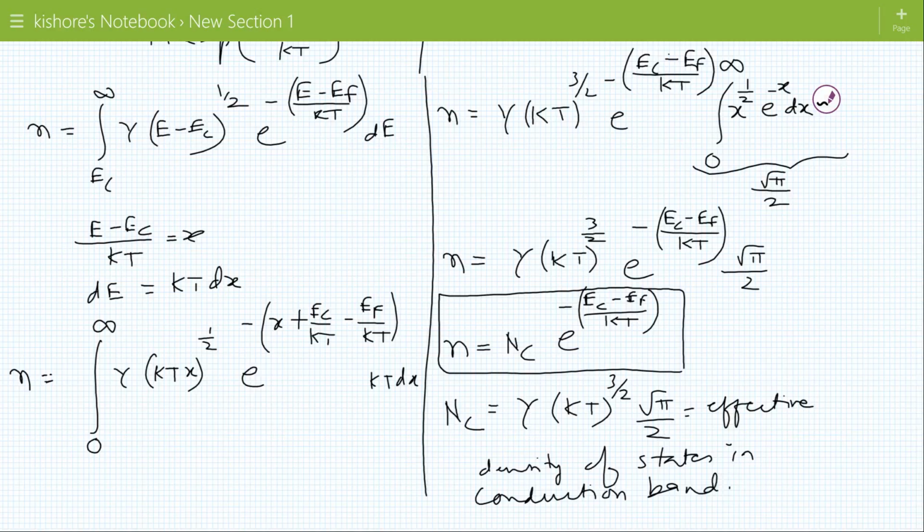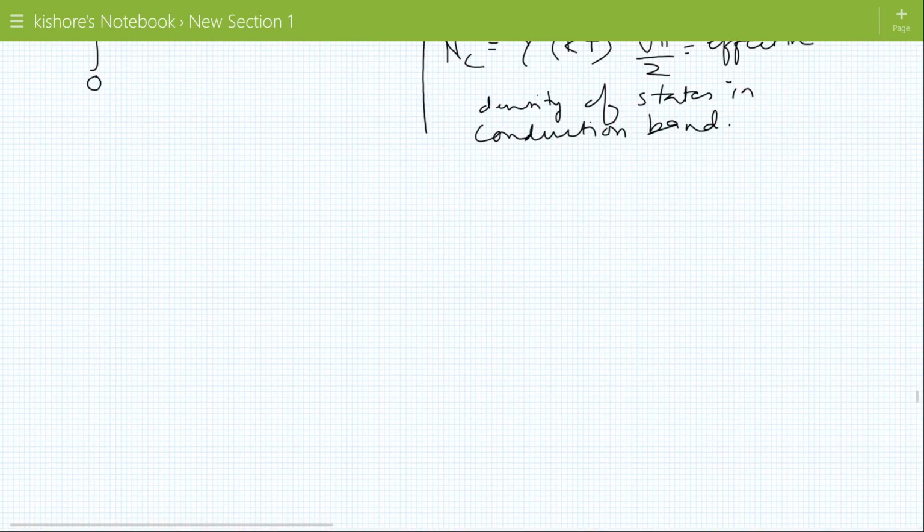Similarly, we can derive the expression for concentration of holes in the valence band.